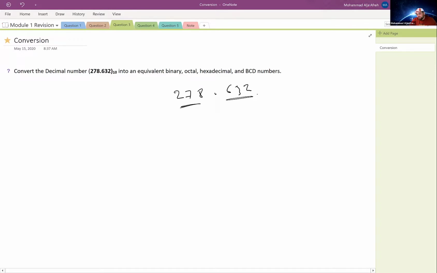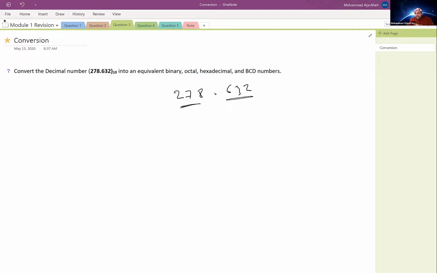If you remember, I already explained that for the integer part you divide by the new base and keep stripping, and after that take all the remainders. So we will do it now.